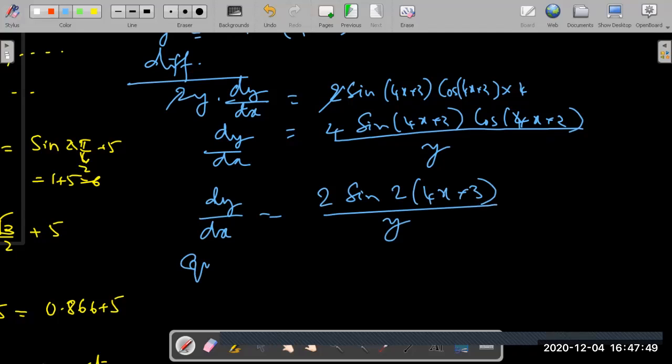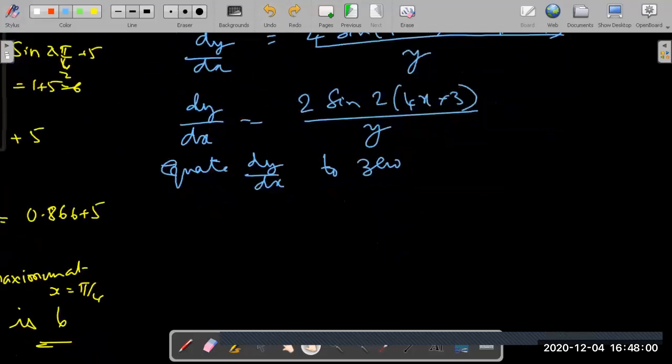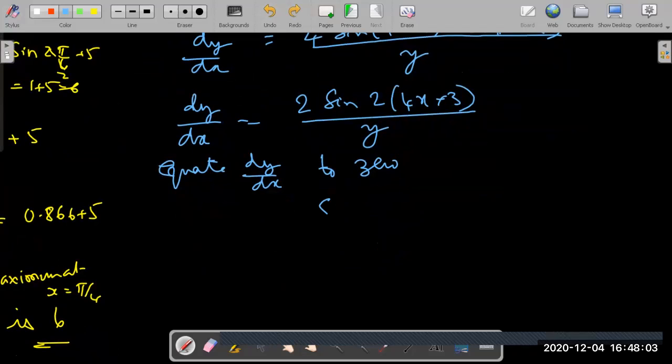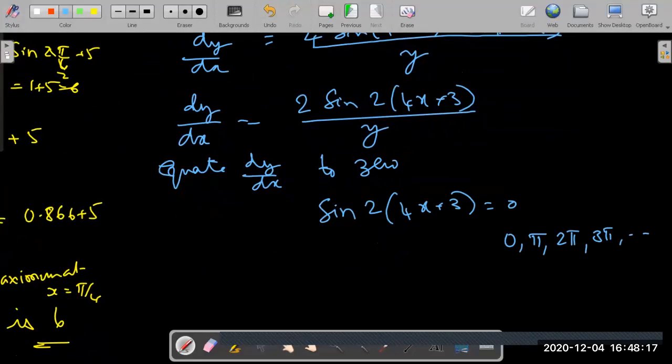So equate dy by dx to 0, which means sine 2 of 4x plus 3 equals 0. It can be 0, pi, 2 pi, 3 pi, and it continues like that. Assume we take 0 degrees.